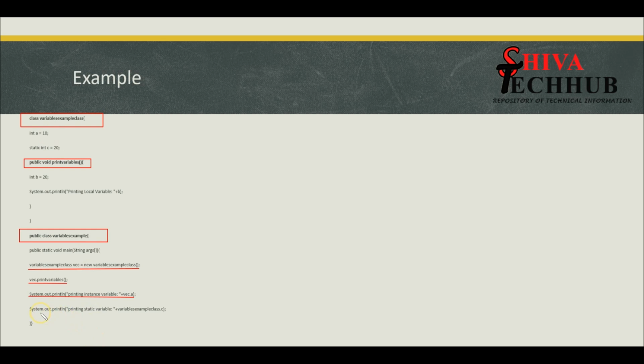Now this is the example of calling a static variable. As I said, for a static variable, we need not create an object. It will be called whenever you are using the class name. So the class name is variables example class dot c. If you directly call it this way, it will automatically be called and 20 will be printed in the console. So that is the difference between instance variable, local variable, and static variable.